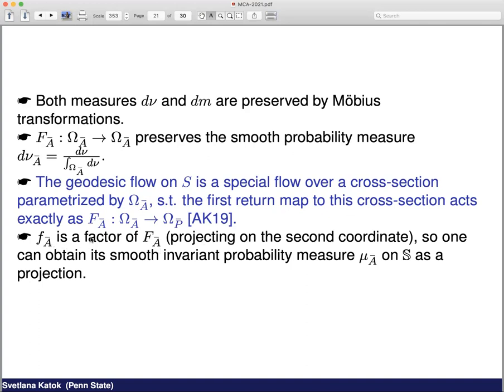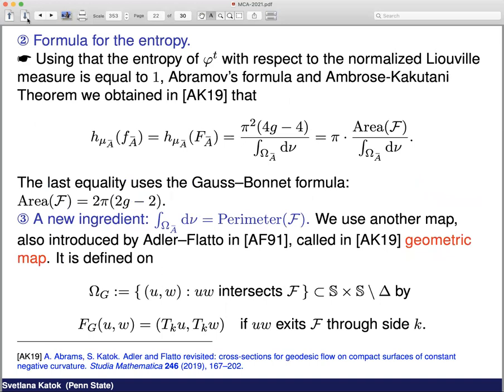Now, F_A is a factor of capital A projecting on the second coordinate, so the smooth measure on the circle can be obtained as a projection of the measure. Essentially, you take the Liouville measure, project on the cross-section, and then project to the second coordinate. So it's a double projection. This is the measure we are going to talk about.